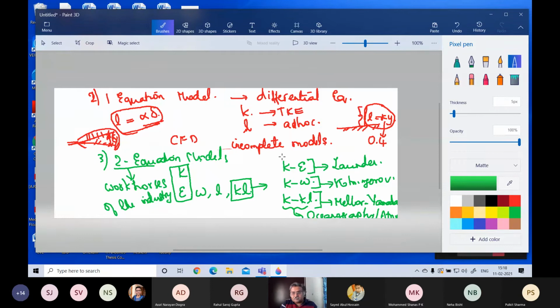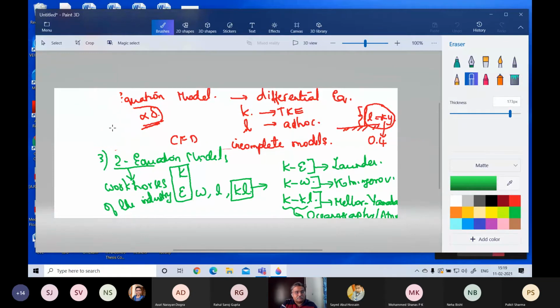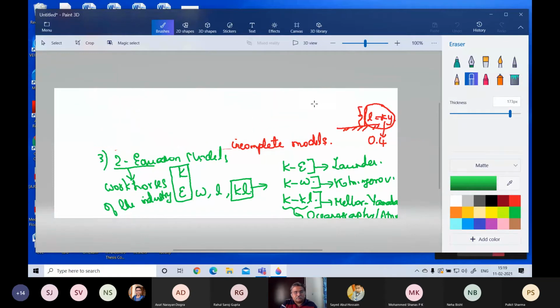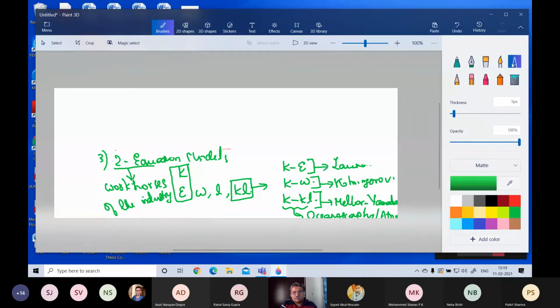Now, once the two equation models became very useful and very popular, people started using what are known as LES, or before that I should say, algebraic stress models.